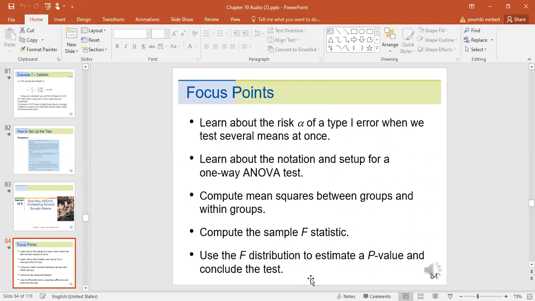In that case, if you want to compare them 2 by 2, you will do 4 combination 2 tests. 4 combination 2 is 4 times 3 divided by 2, that is 6. You will do 6 tests.